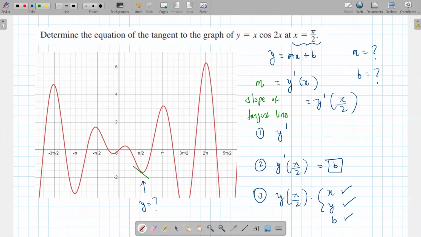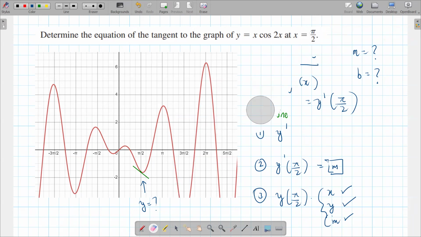You're going to plug all three into this. I messed up the letter. It's not B, it's M. You have the slope, and you're going to plug all three of them back into this equation, y, m, and x, and that'll give you b. So that's the step, okay? It's not terribly difficult. So let's go one by one.